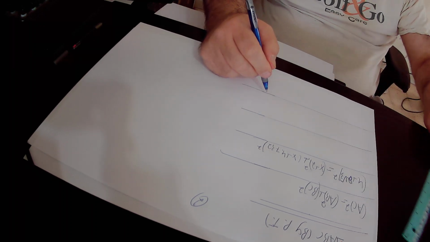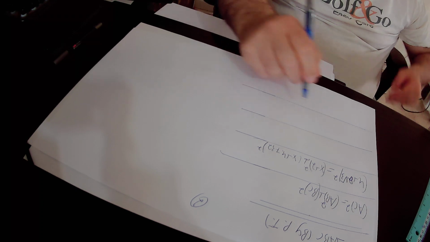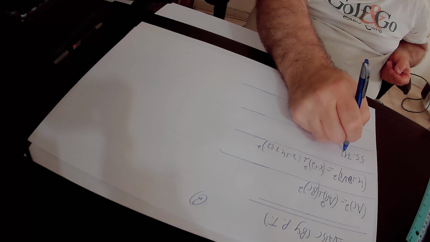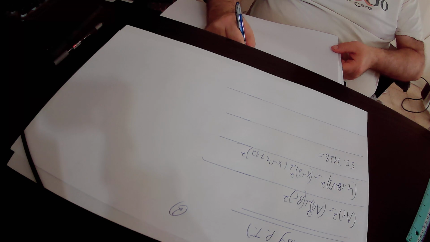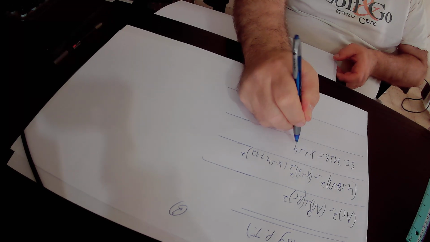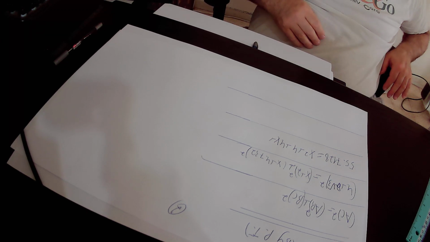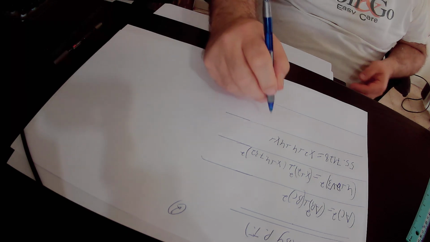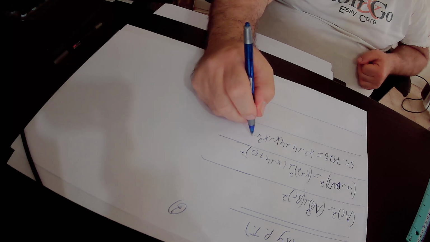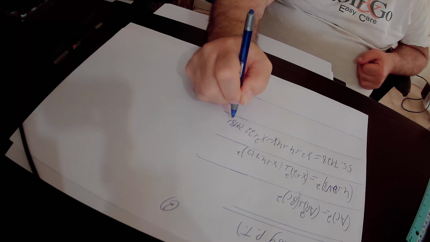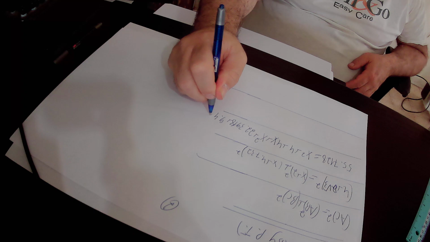So (4 plus 2 times square root of 3) squared equals 55.7128, and it is equal to (x plus 2) squared. (x plus 2) squared equals x squared plus 2 squared, that is 4, plus 2 times x times 2, that is 4x, plus (x plus 4.732) squared. (x plus 4.732) squared equals x squared plus 4.732 squared. 4.732 squared equals 22.3918, plus 2 times x times 4.732, that is 9.464x.